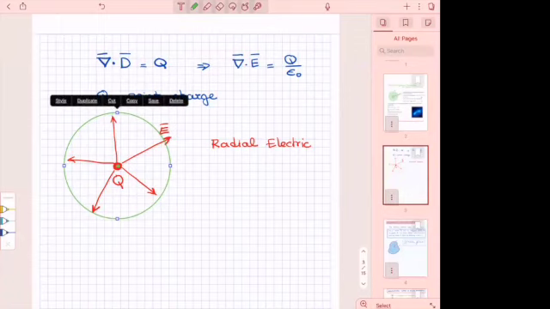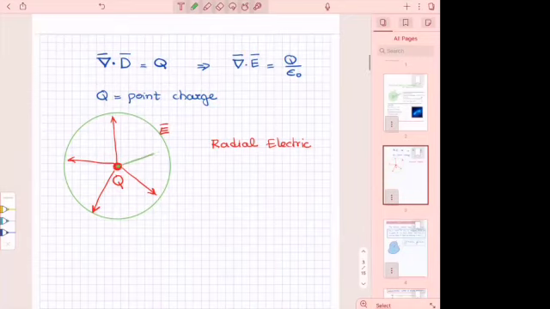Then practically what we have in this particular case is that the field on this surface, the spherical surface, is the same in magnitude because this spherical surface has the same radius. All right, so everywhere here, here, here, there, and there, because the radius is the same, the value of the electric field is the same, but the direction is along the direction of the radius.